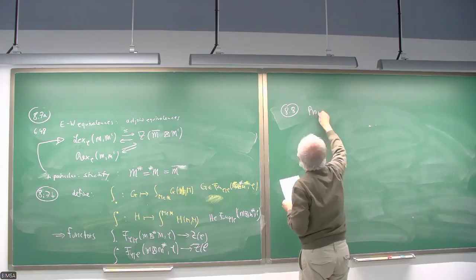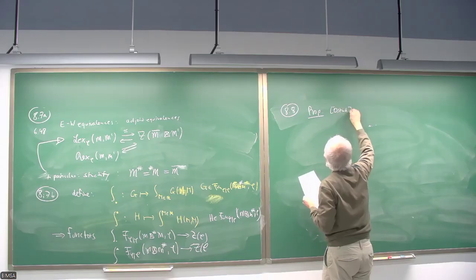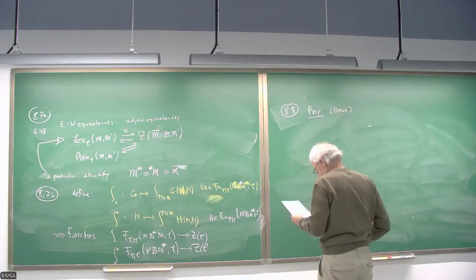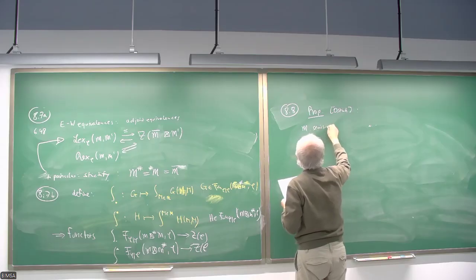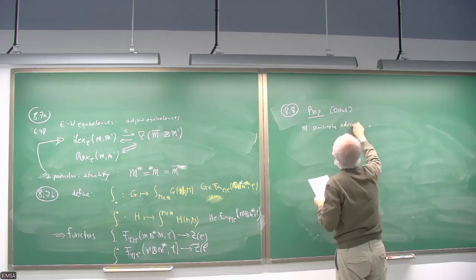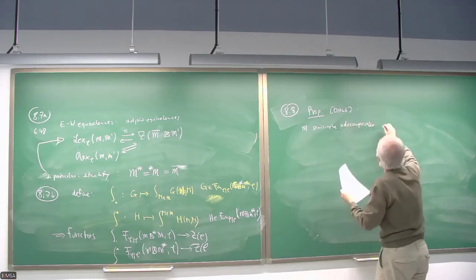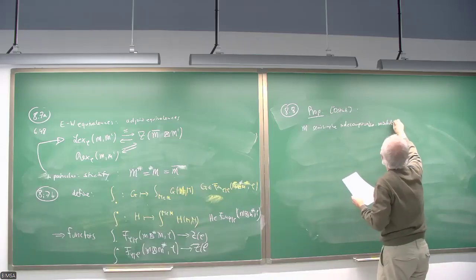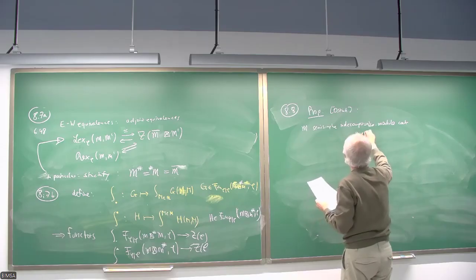Proposition by Ostrich, graphical result: assume that M is an indecomposable module category over a fusion category now.